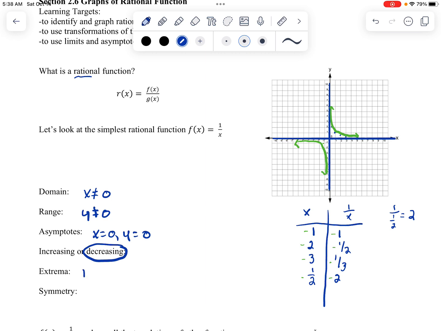There are no extrema because they go to infinity in both the positive y direction and the negative y direction. And they get ever increasingly closer to y equals 0, but they never reach it. And it is symmetrical with respect to the origin.